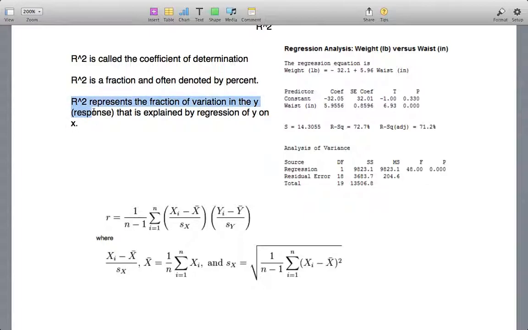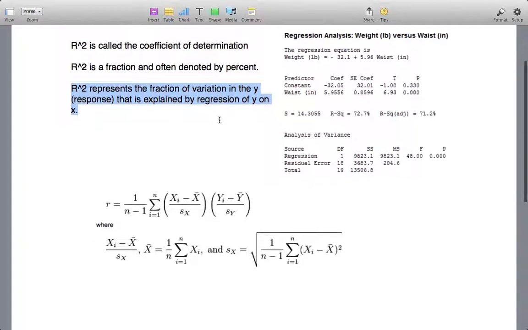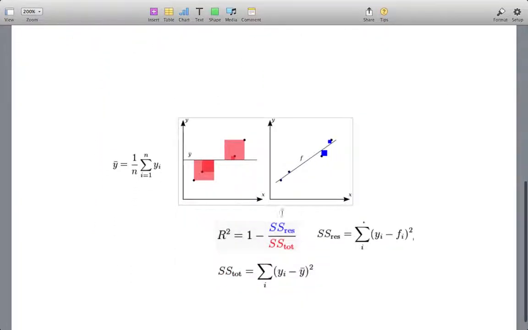So just some explanation here. R squared represents the fraction of variation. So what we're saying here is that fraction of variation is just the variation relative to how the residual values are to the values in the sum of the squares of the y average.